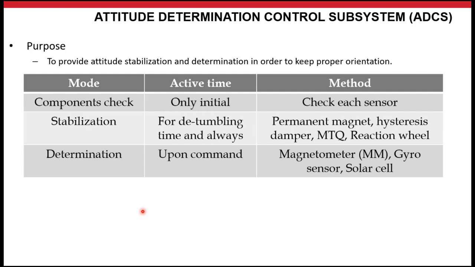So the attitude control will also need to be taken into account in order to design the imaging system. But we are not actually focusing too much on the subsystem. We just want to make sure that the mission that we're going to design is feasible, suitable, and logical for the specific size of CubeSat that you're going to choose.